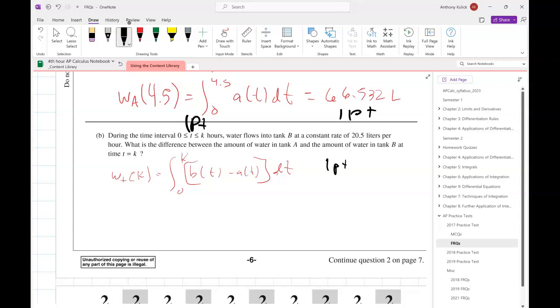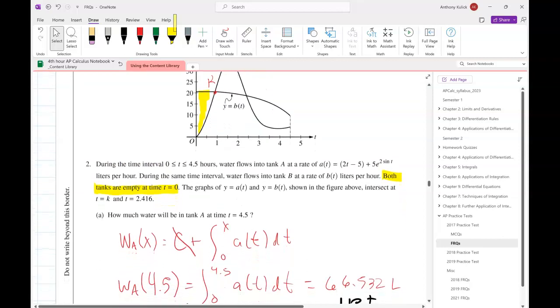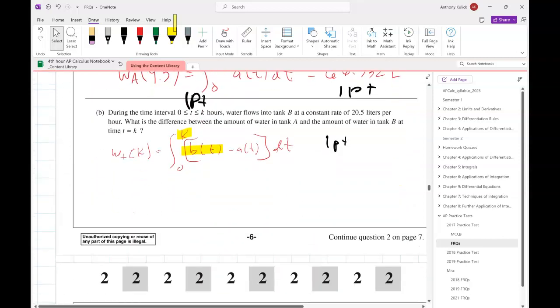Now, in order to actually find the amount of water, we need to figure out two things. We need to figure out what number k is, and then we have to figure out what is the function for B of t, because it does not give me a function for B of t in the problem, right? Read that first sentence again.